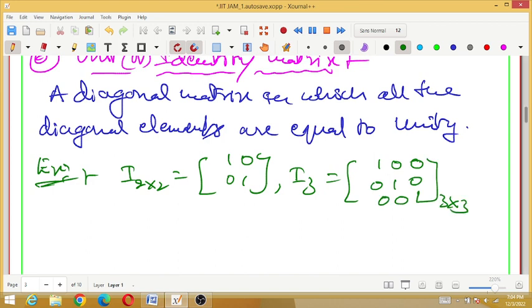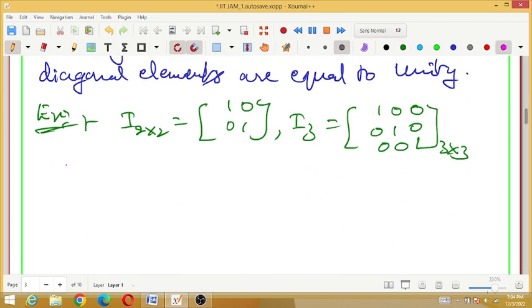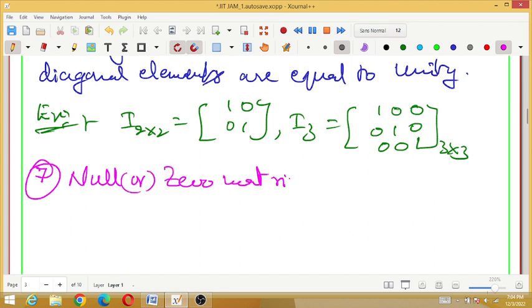Okay, next, one more type, the seventh type: null matrix or zero matrix.